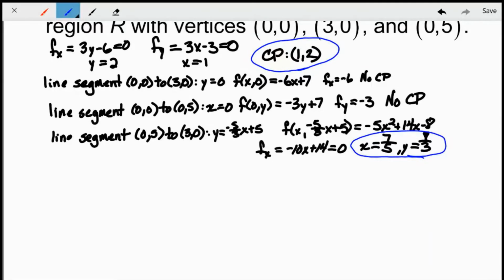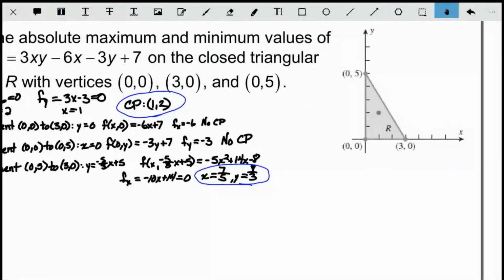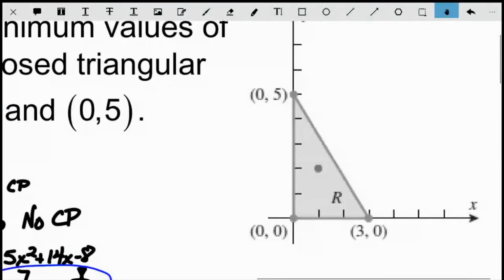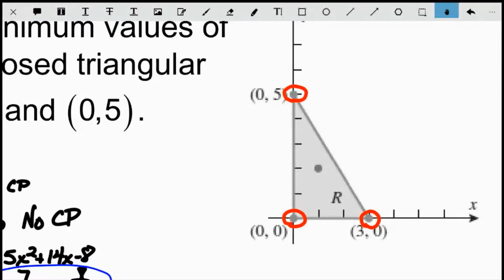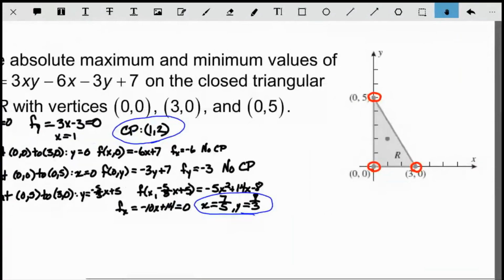So the other points that we do have to account for are these points at the very ends of each of these lines, because these are technically what we would call our endpoints, because that's where all those boundary lines are intersecting. So we have to account for those as well. Whether or not we're going to use them, we have to wait and see. But we do have to test all of the possible places where you could have a max or a min.